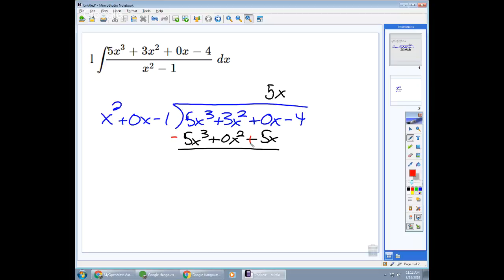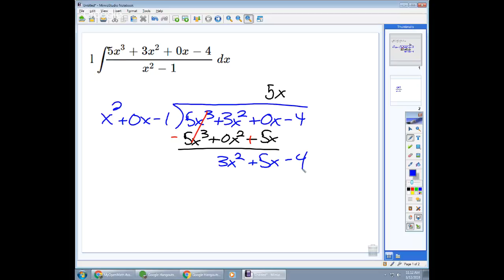I don't really care about 0, so this column gets eliminated. 3x plus no x squared is 3x squared, and 0 plus 5 is 5x. Then bring down the minus 4.